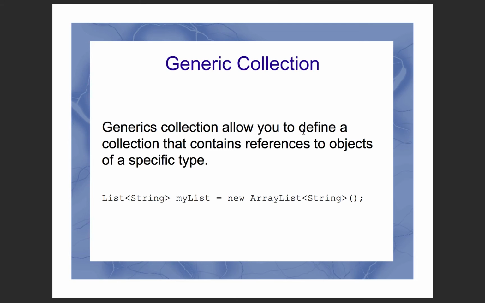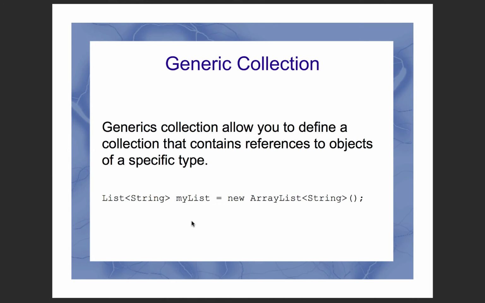A generic collection allows you to define a collection that contains references to objects of a specific type. If you specify any type, as we specified string over here, that makes it a generic collection. A collection is a set, you can say it's a list. So we are creating a collection that is generic, and that keeps string type only.